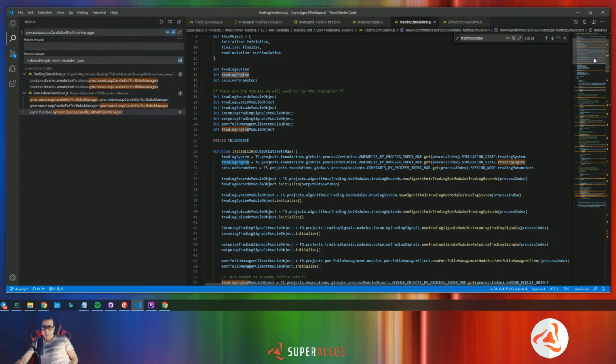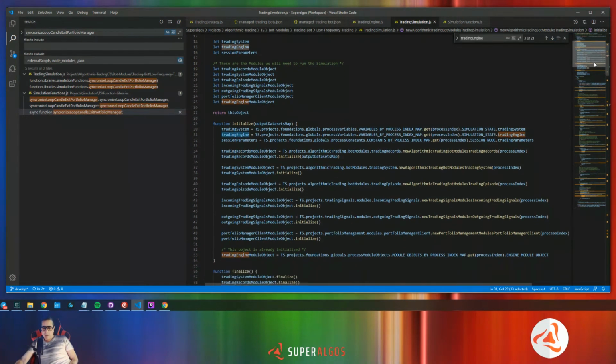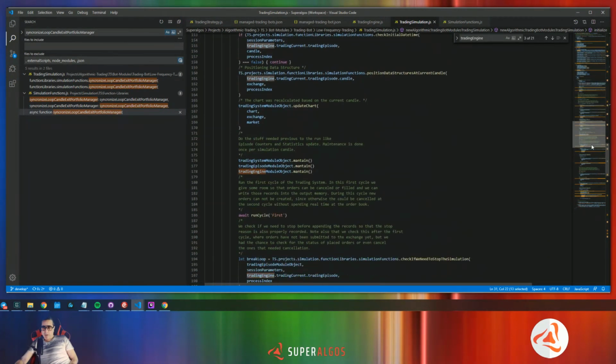Maybe I can send the trading engine as a parameter.